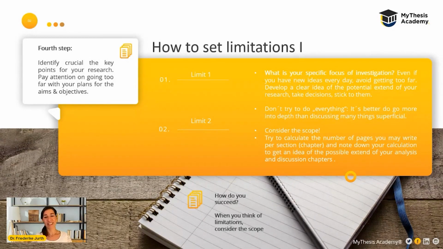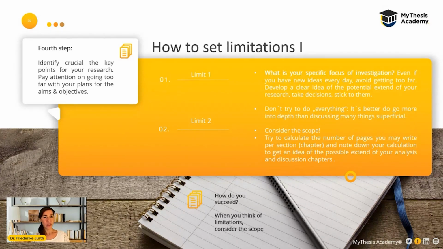Well, now that we have defined your research subject and also the aims and objectives, I would like to talk about the limitations and how you set limitations. I know this is a quite complicated question, because maybe you are tempted to make the research bigger and greater than it can be, given that it has to fit a certain scope.